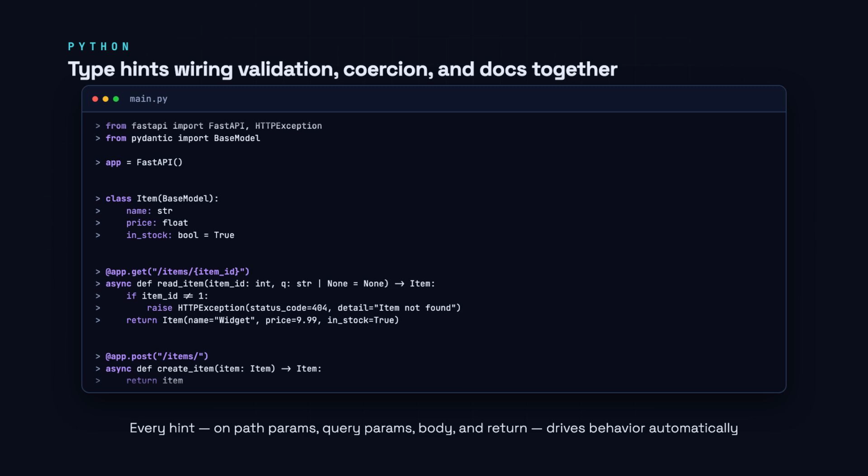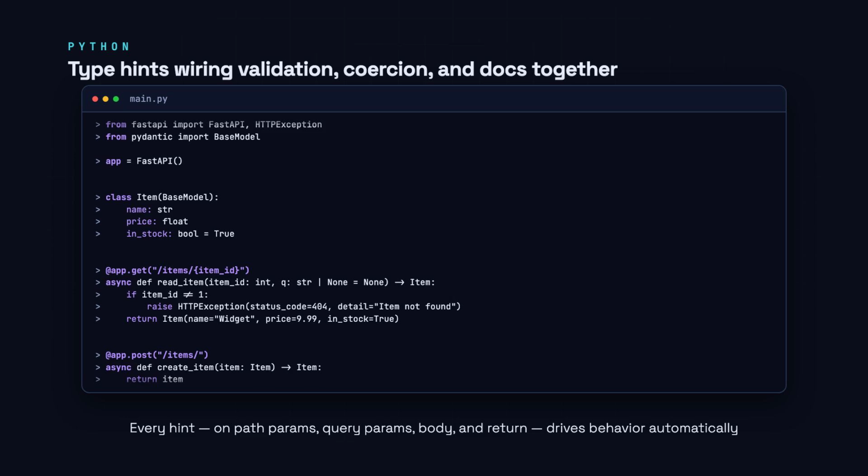In the read_item function, item_id: int in the path tells FastAPI to pull that segment from the URL and convert it to an integer. If the caller sends a non-numeric value, FastAPI rejects the request with a 422 before your function even runs. The optional q, str or None, becomes a query parameter with no extra code.